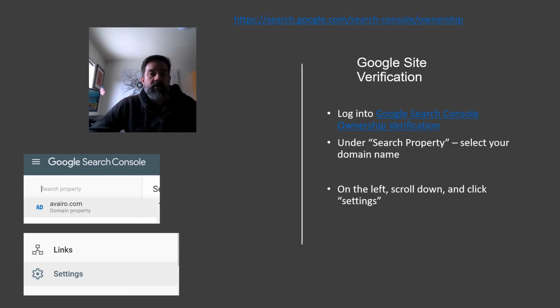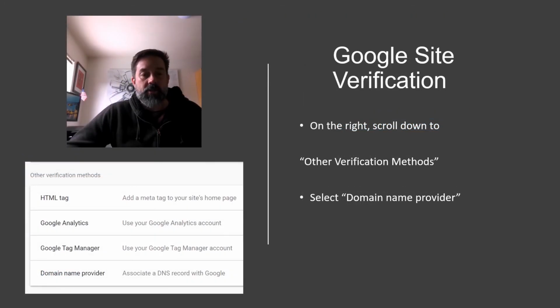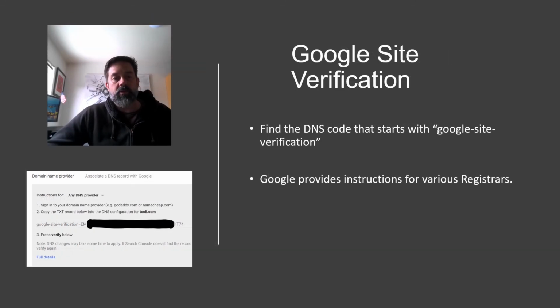The other way to get to it is to look under your search property again, click the three bars, click your domain, and then on the left you'll scroll down and you'll see a settings gear. And then on the right you want to scroll down to the verification methods, and you're going to select domain name provider. And this is where you find your Google site verification code.